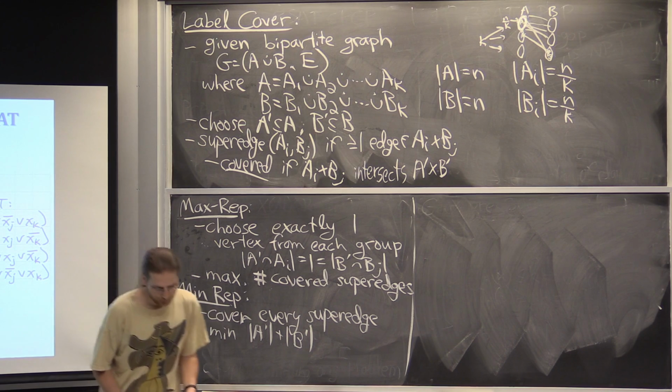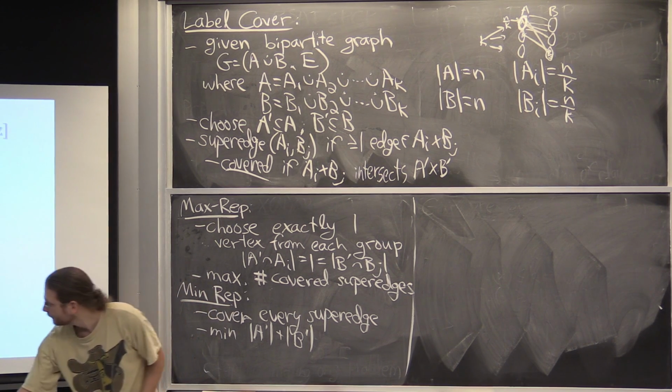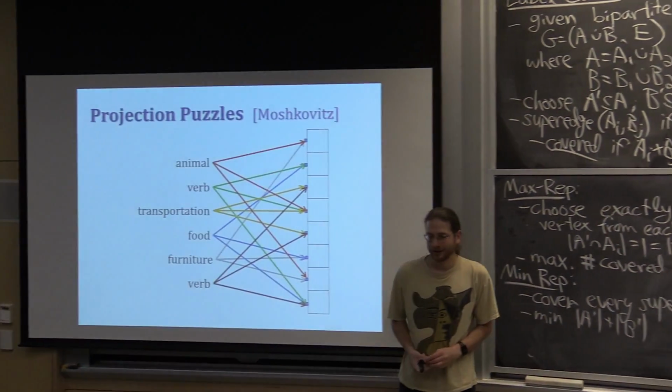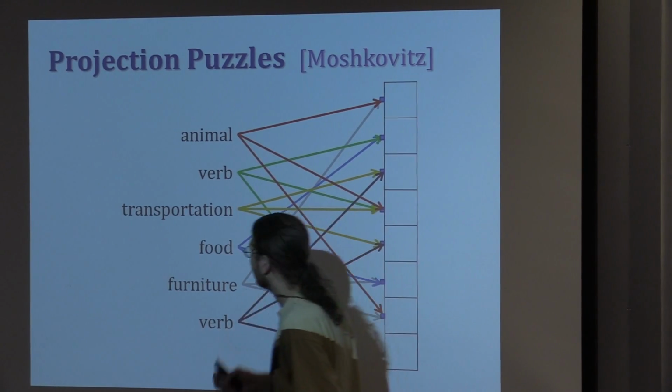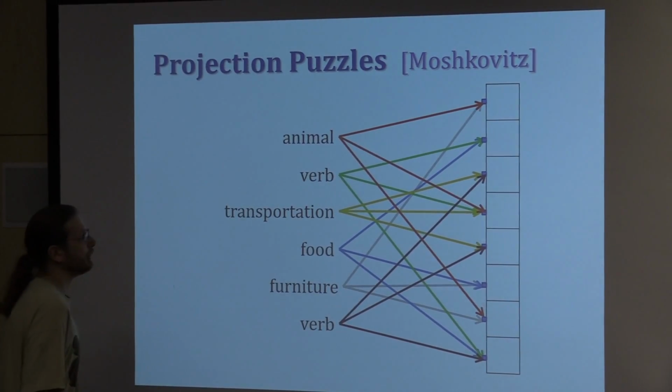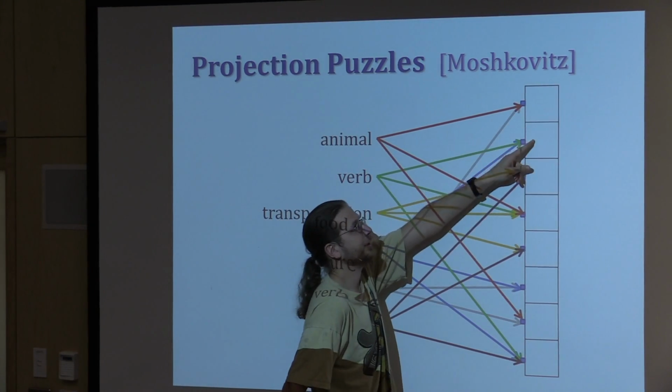Just to build you some more intuition, let me show you a puzzle, which is basically exactly this game, designed by our MIT professor Dana Moshkovitz. So here's a word puzzle. Your goal is to put letters into each of these boxes.